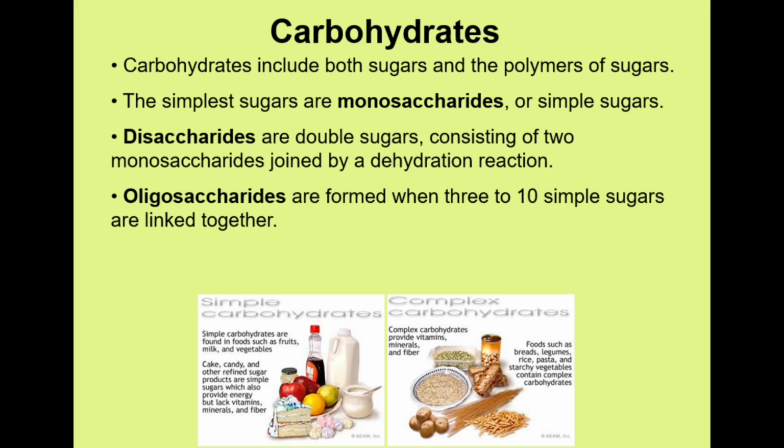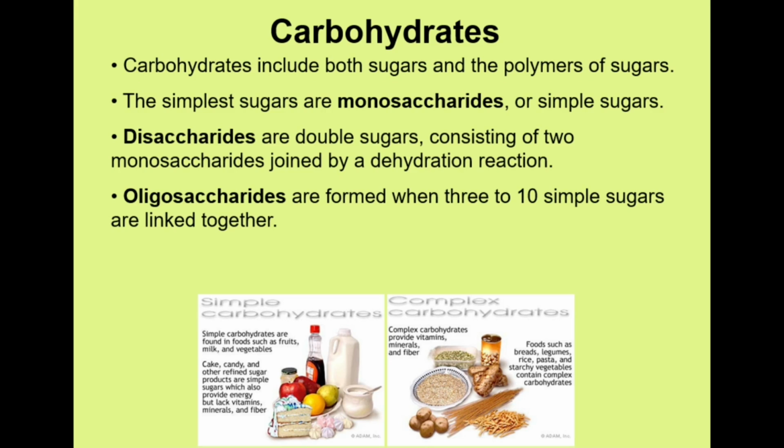The next stage we can get is once we start getting 3 to 10 simple sugars joined together, each one joined onto the others through dehydration, we get a group called the oligosaccharides. We don't talk about them a lot, but they do have some important roles.